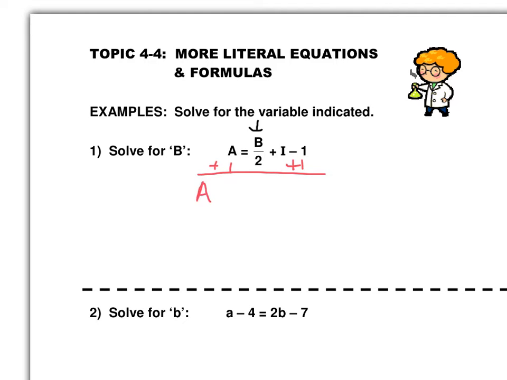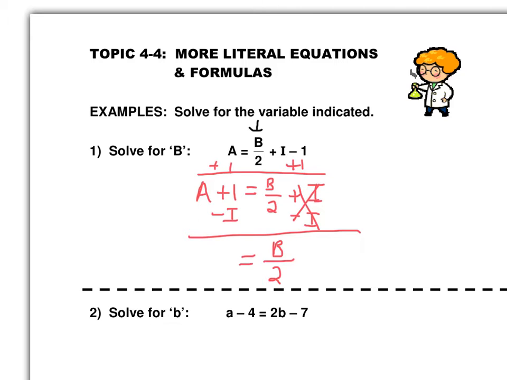So this is now a plus 1 equals b over 2 plus I. Now I can undo the plus I by subtracting I from both sides. And when I do that, that goes away. So now I have b over 2, b divided by 2, is equal to a plus 1 minus I. Now I'm almost there.